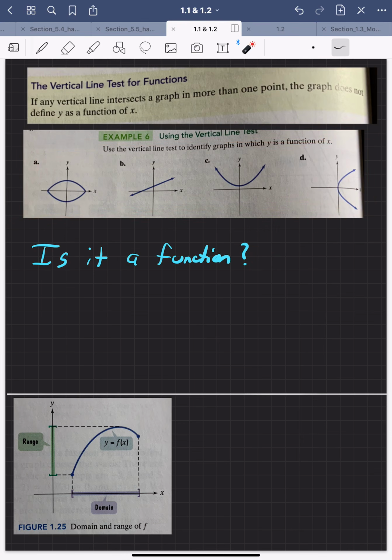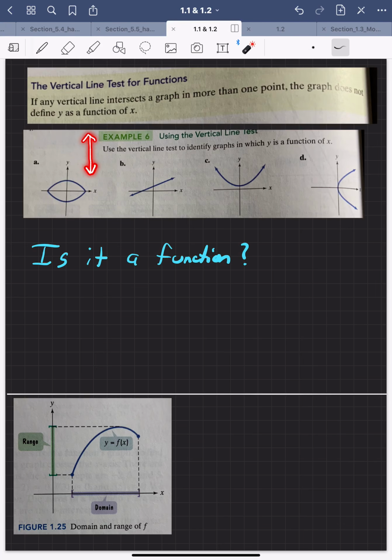So there's a quick test. We refer to it as a vertical line test. And here's how the test goes. Let's read the definition and do part A at the same time. So we've got a vertical line like this.